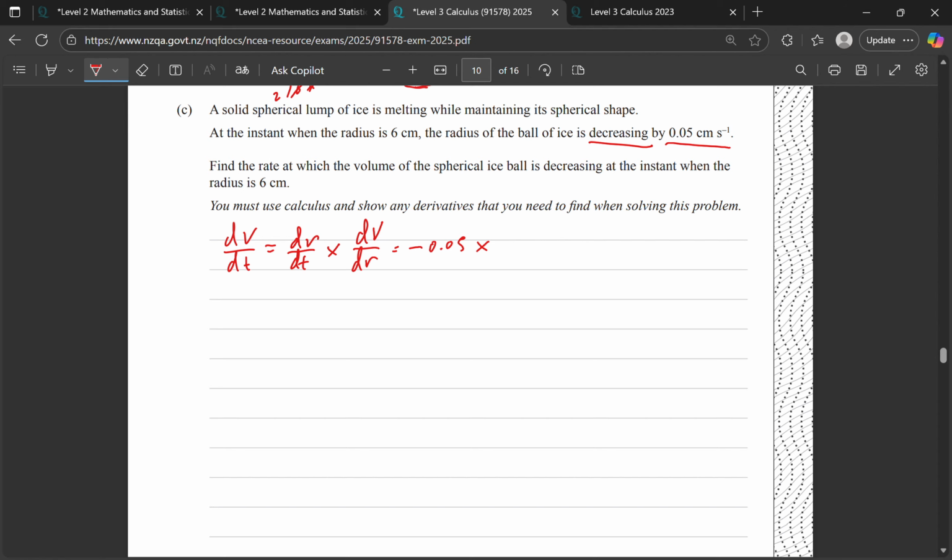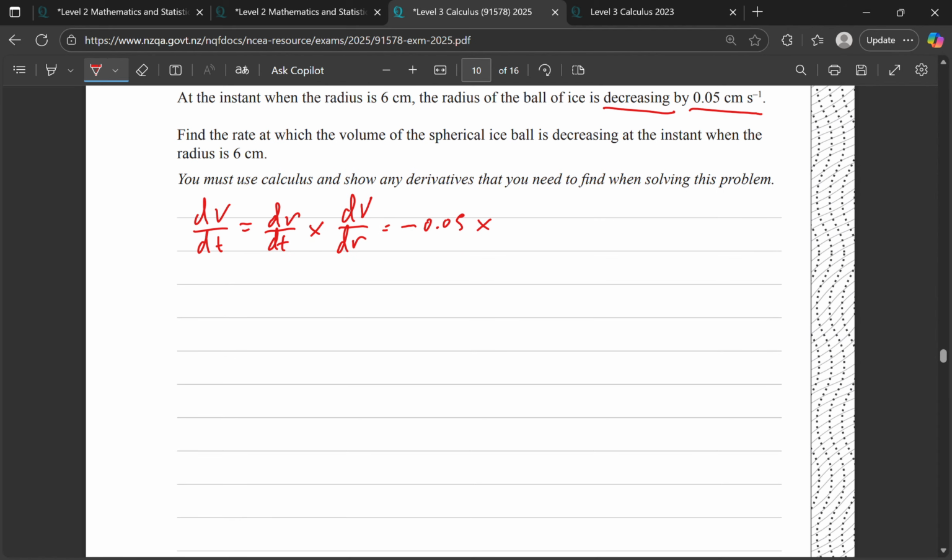So what is the formula for V? The volume of a sphere is 4/3 pi r cubed, right? So what is the dV/dr? That's 4 pi r squared.